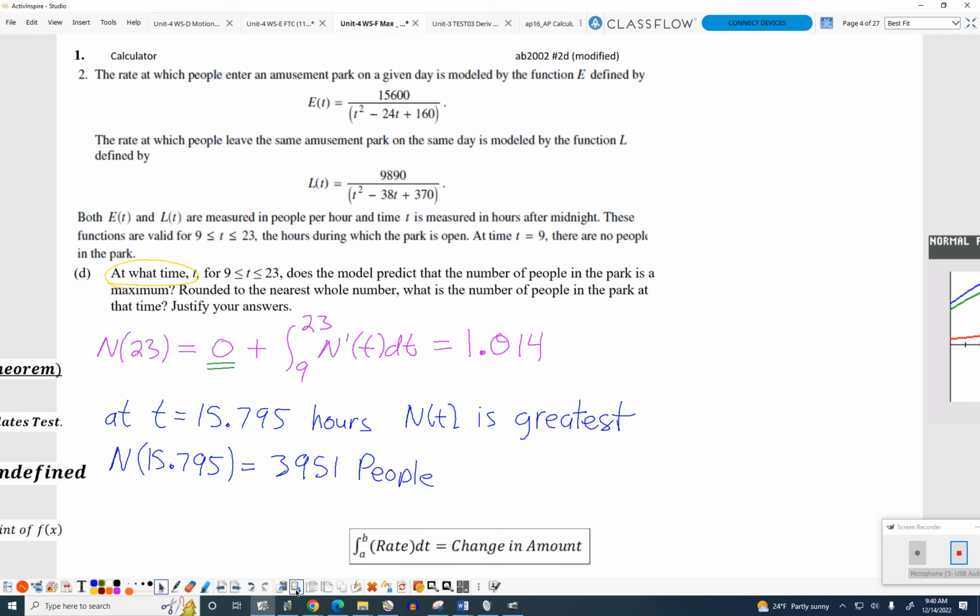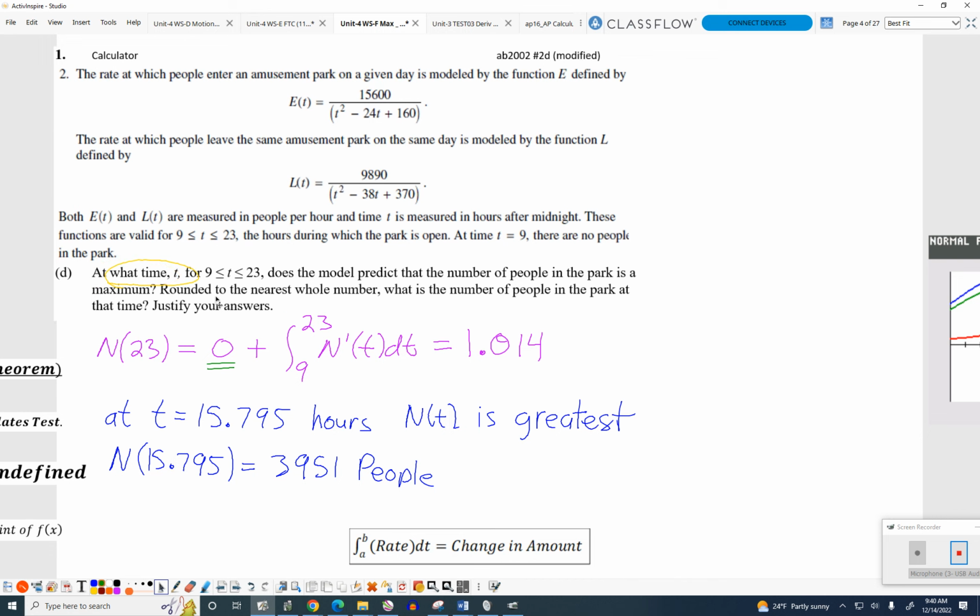If it was a multiple choice question, I wouldn't have to do any of that. I just need to find the answer. Because they require me to justify my answers, there's a few different ways that they will allow me to justify my work. The way I showed was one of them, and I think is one of the easiest ways to justify. If you want to see another way, I can show you a different way.